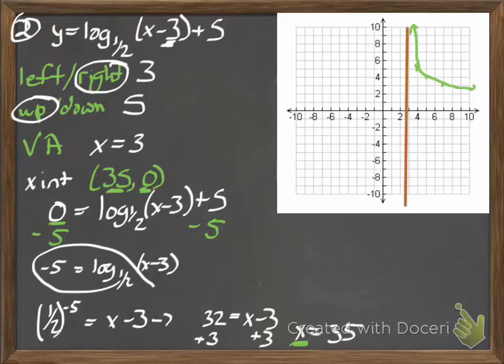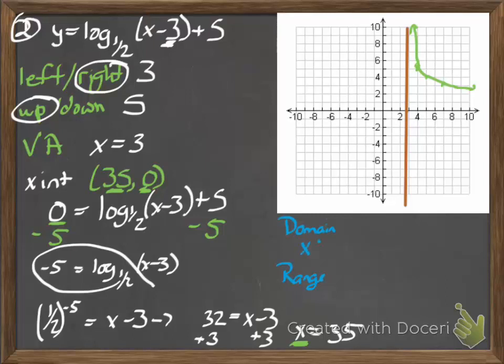So the other thing that we haven't covered yet is our domain and range. So domain, are we restricted? Are we going to go through all our x's? No, because we have that asymptote that's stopping us from going too far left.